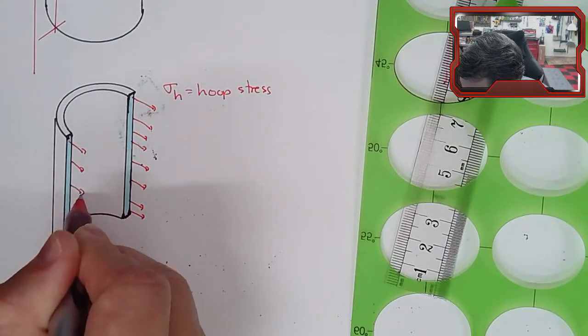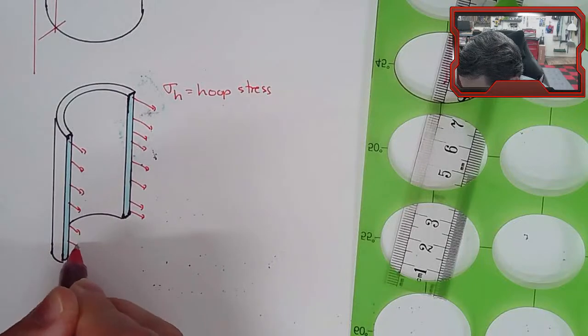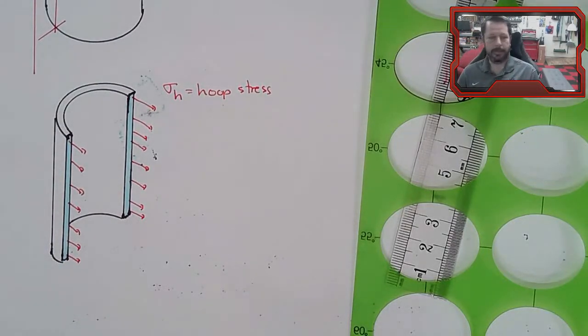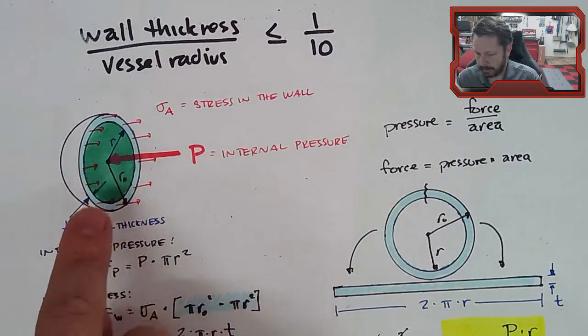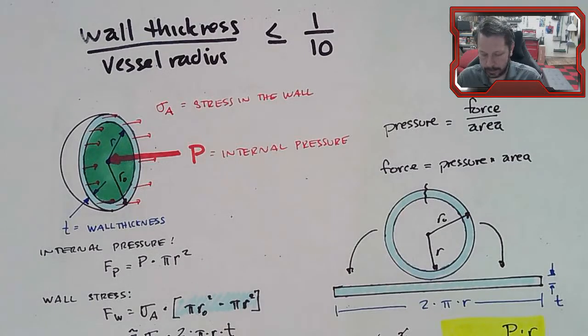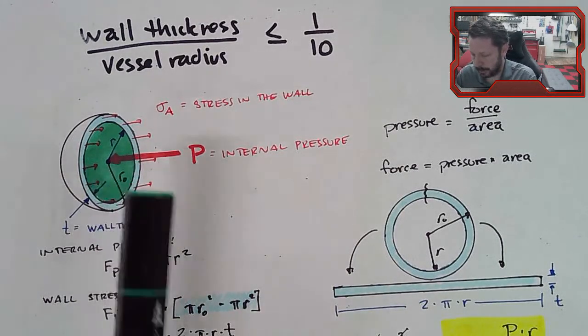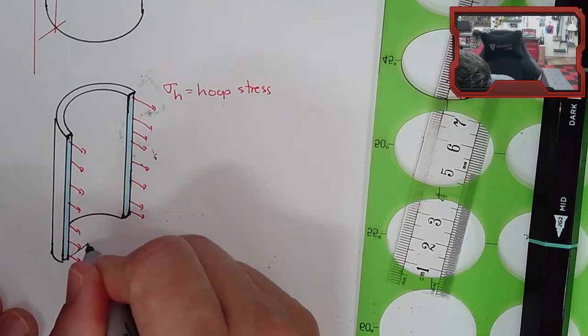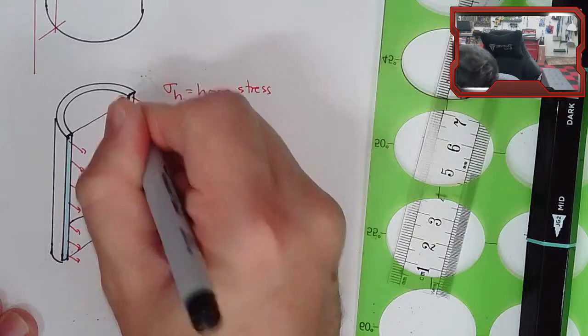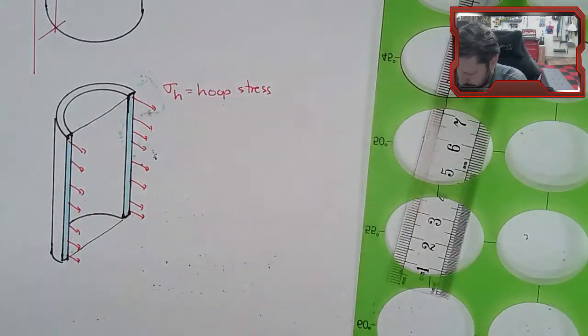And these should all be parallel. I probably should try to be neater with that, but something like that. And then over here where we had the green area that was under pressure, the liquid or whatever, the fluid inside that was under pressure, that is going to be right here. So something like this.